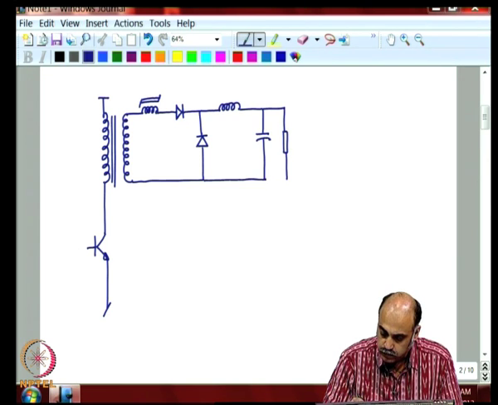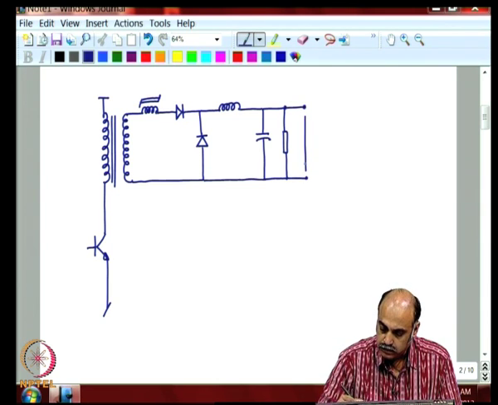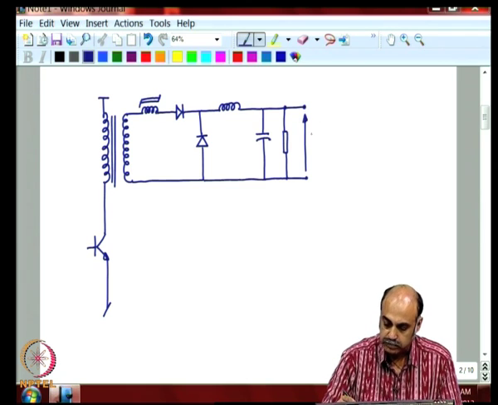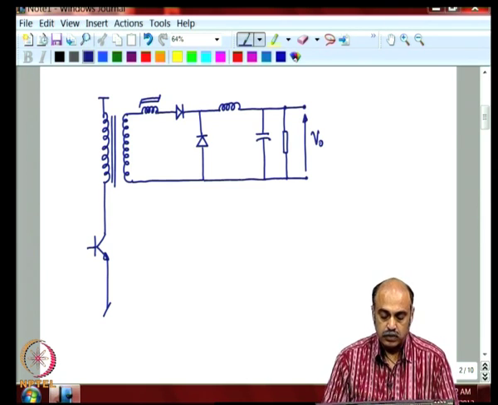It may also be flyback winding, a flyback based output.